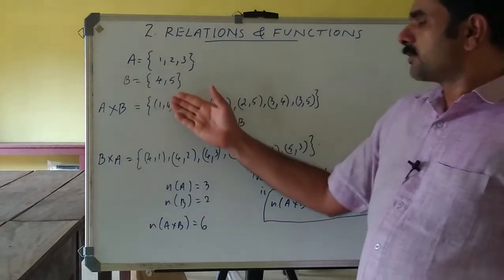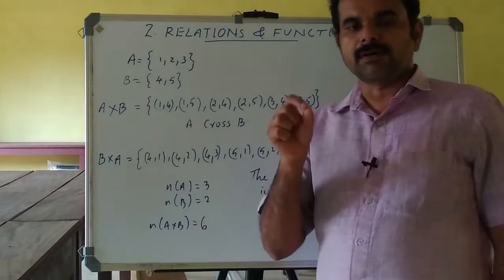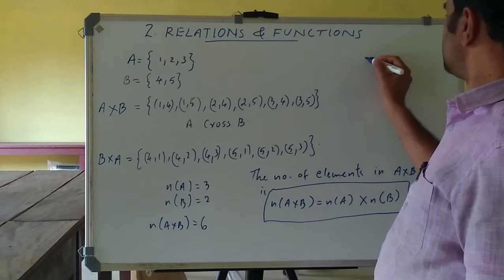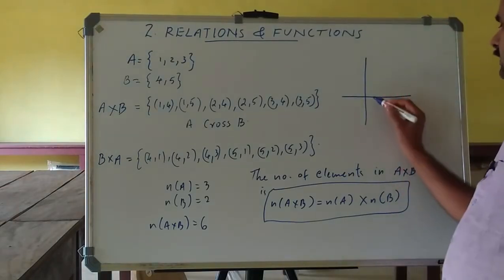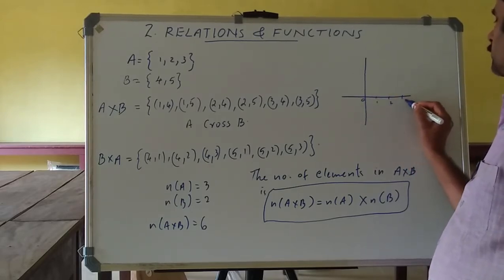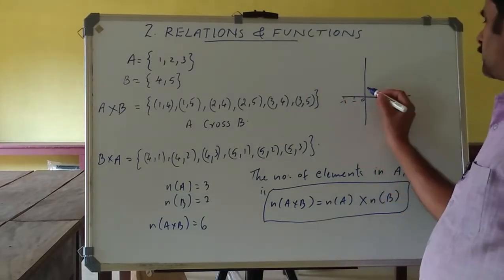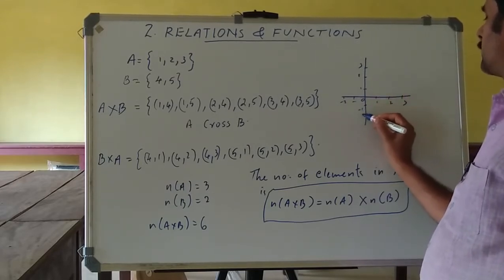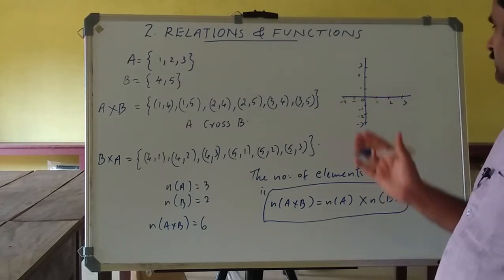This type of distribution or expression is used to identify a particular point in a graph. Usually, we have seen in your lower classes when we draw a graph, its middle point is 0. Along the x-axis, we take 1, 2, 3, etc. and minus 1, minus 2, and so on. This is very familiar.